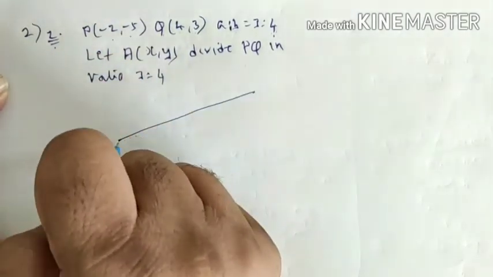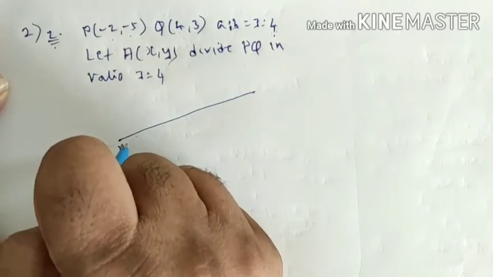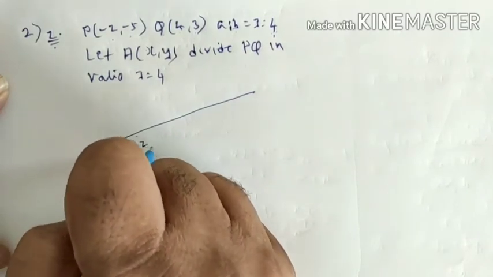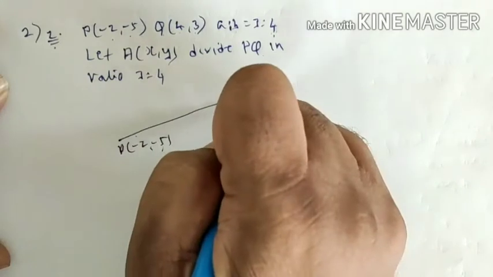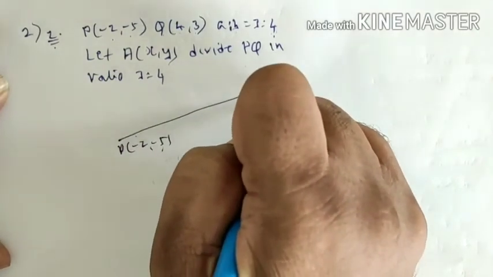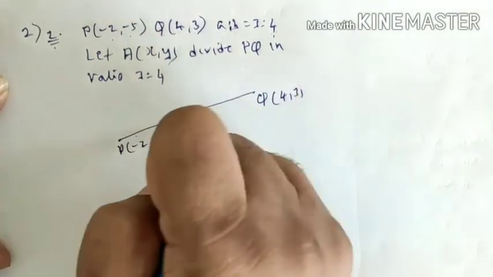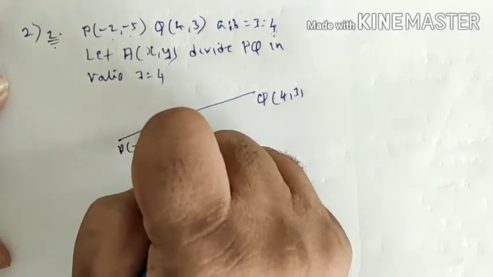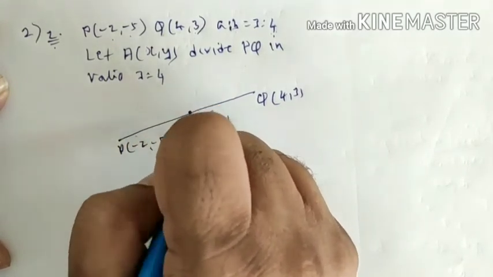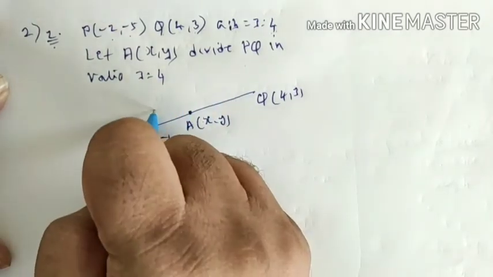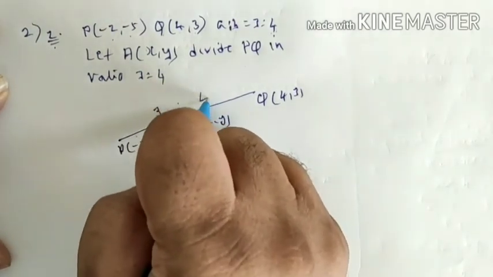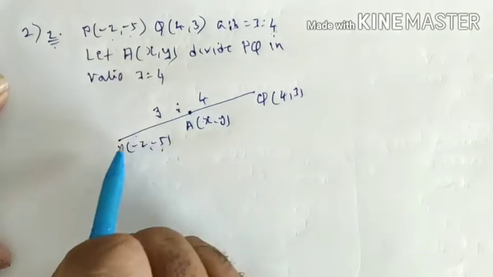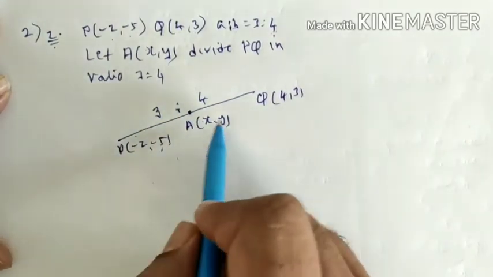See, this is our segment. Here we have point P whose coordinates are (-2, -5), Q (4, 3), and here we have the point A whose coordinates are (x, y), and the ratio is given as 3 is to 4. See, by drawing this type of figure the sum becomes very simple.